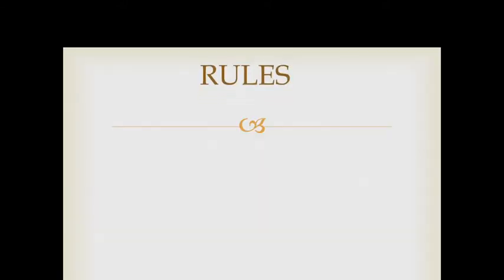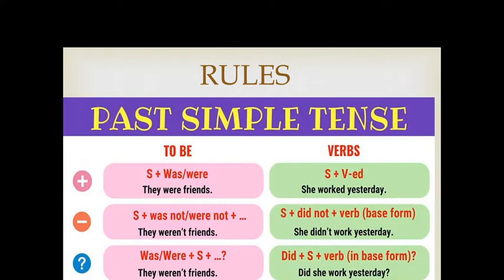Now here are some rules in simple past tense. First, I will tell you about verb to be, means was or were. When you write simple past tense, start with subject, then was or were. For example, they were friends.